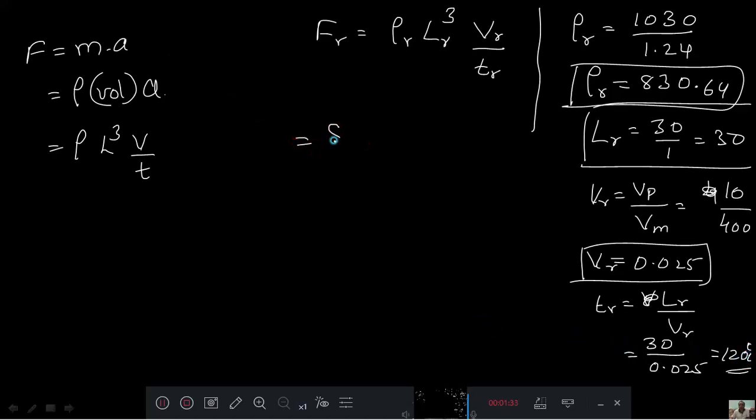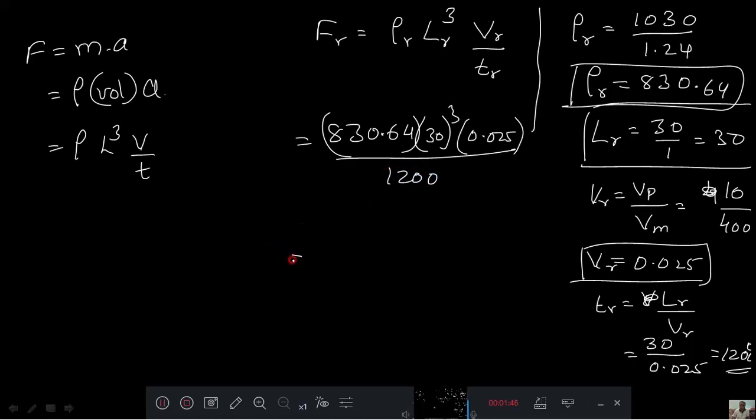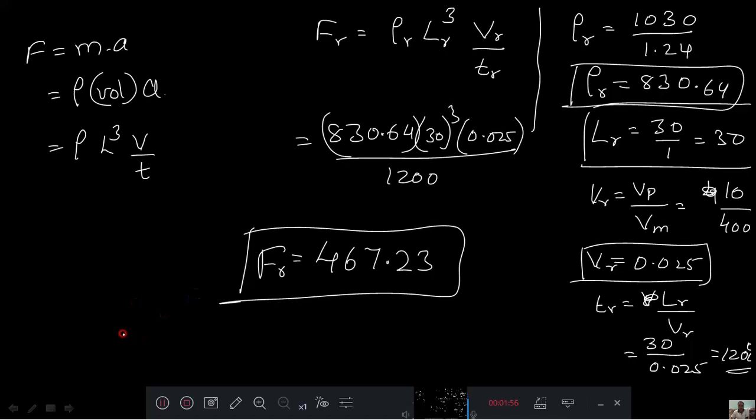That is rho r 830.64 into 30 cube into 0.025 divided by 1200. The answer you are getting is 467.23. This is your Fr, means Fp divided by Fm is equal to this much.